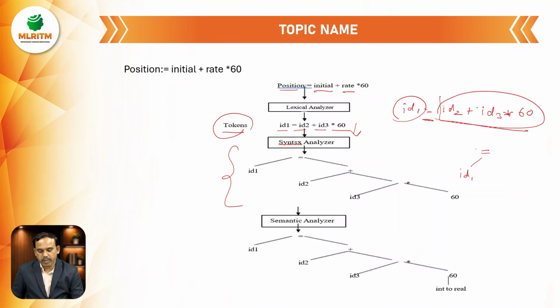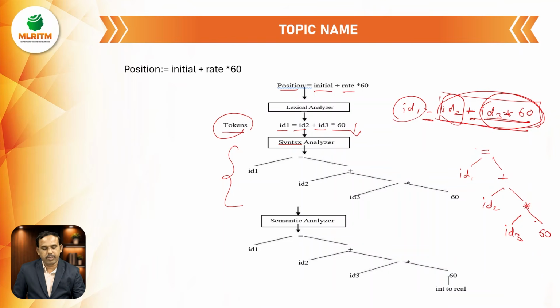Coming to this part, this is one more expression, and the root node is plus, and the left child is id2. Again this is one more expression consisting of the operator and operands: multiplication, id3 and 60. So the syntax analyzer produces the parse tree, which is the input of the semantic analyzer.